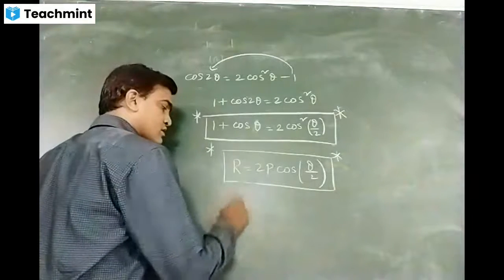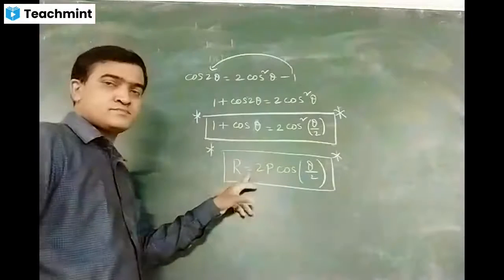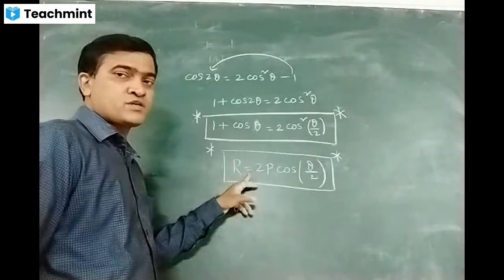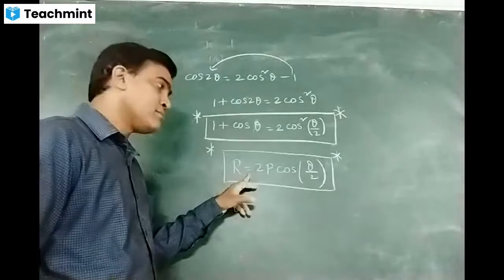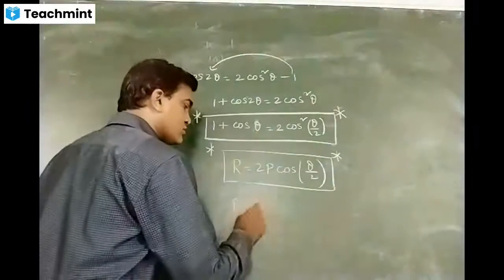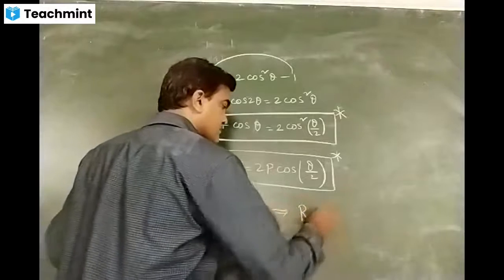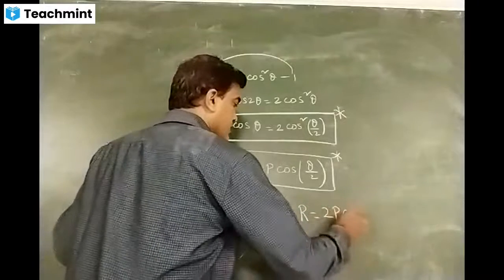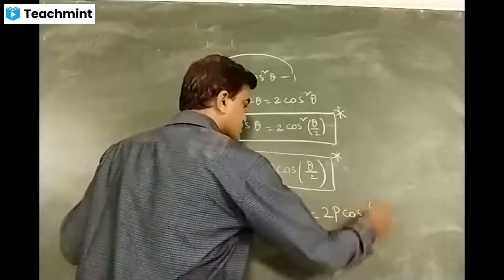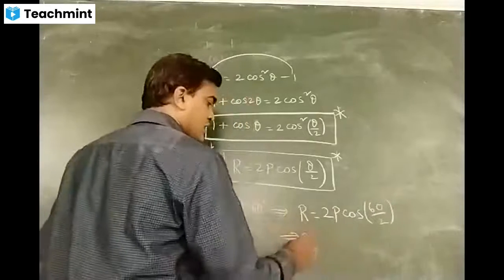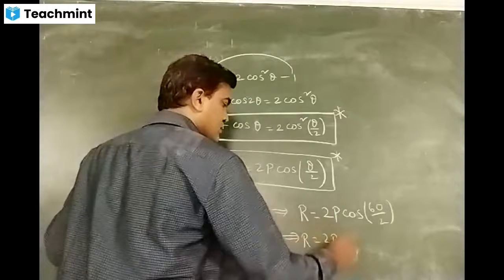Here theta is 60 degrees. First of all, can I use this formula? Yes sir, because magnitudes are same. So theta is equal to 60 degrees. Then what is the formula? 2p cos 60 by 2, which comes out to be 30 degrees.